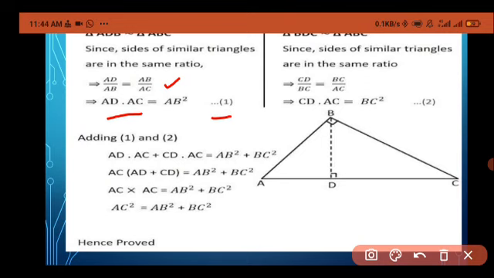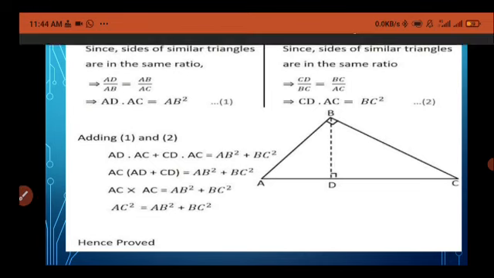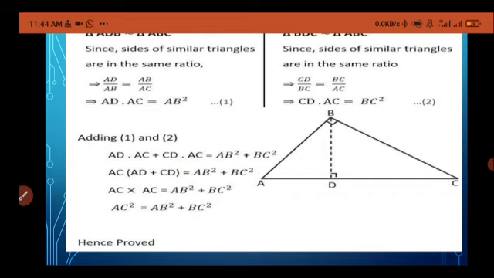Second, we have to see triangles BDC and ABC. They are also similar. So CD by BC equals BC by AC. Again we cross multiply, so we get CD into AC equals BC square.